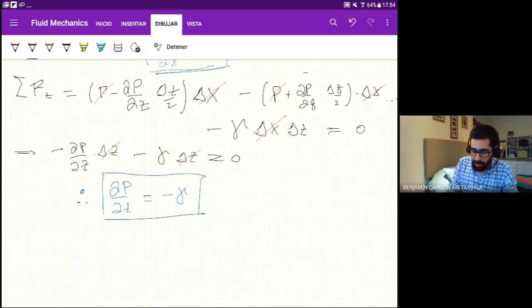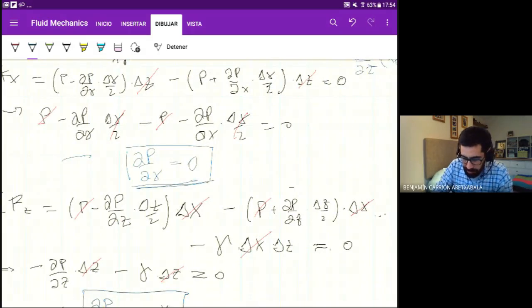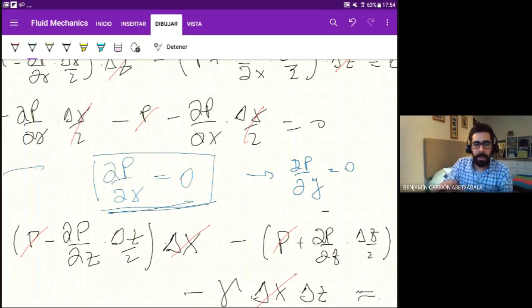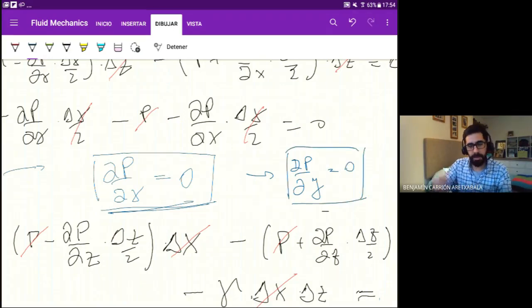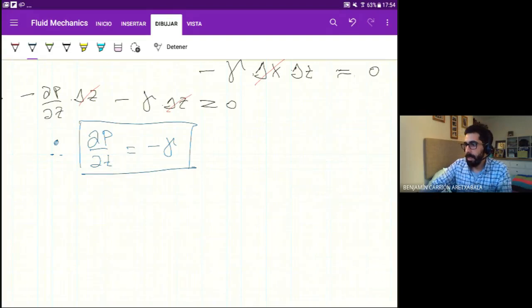You can show, but I'm not going to do it, that dP at dx and dP at dy are also 0. So in any horizontal direction, the pressure doesn't change, it only changes in the vertical. And these make up the hydrostatic law.